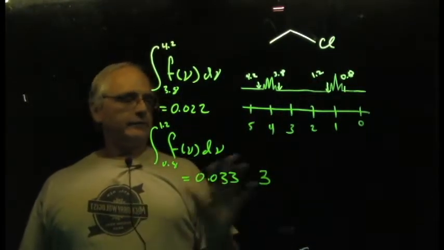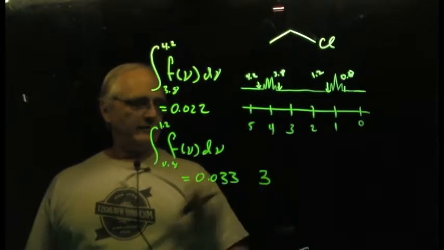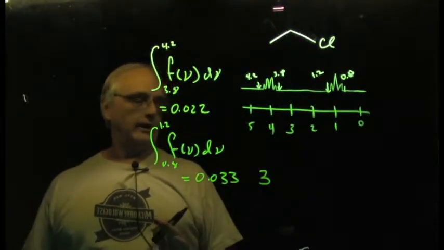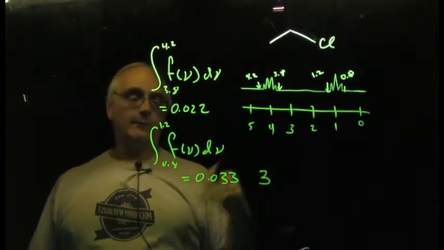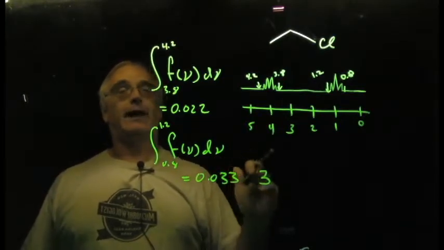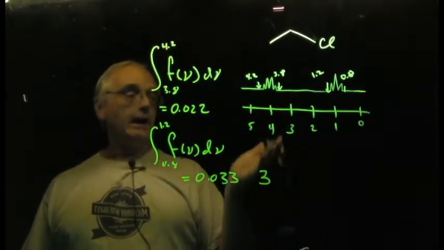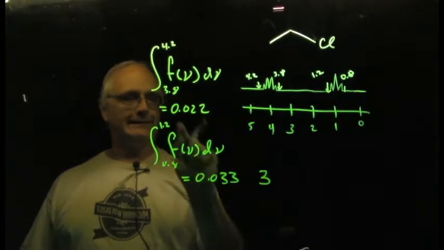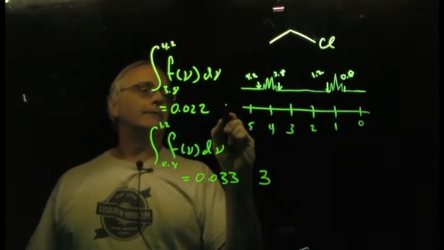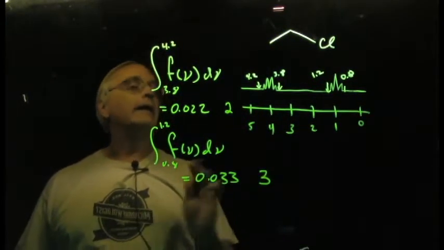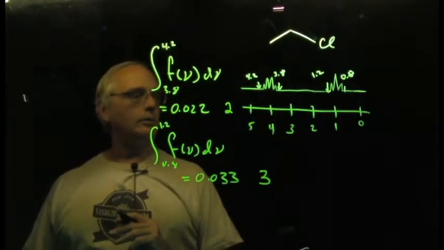I tell the computer, scale these integrations to that value. And the computer will say, okay, if what I came up with, 0.033, is actually the round number 3, I'll apply the exact same scaling to this value, and it will come back with the value of 2. And there are my nice, pretty whole numbers.